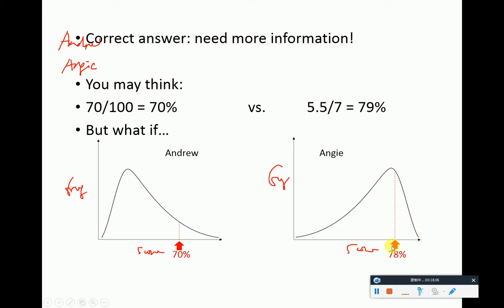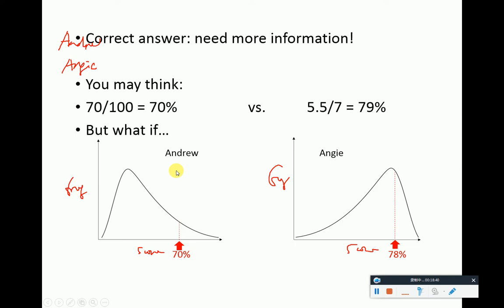Despite that Angie is at a higher percentage than Andrew, there are more people ahead of Angie than ahead of Andrew. In Andrew's case, only a small number of people are ahead of him. For Angie, more people are ahead of her. So if we consider their performance in their own class, Andrew is the better student. Comparatively, Angie is the worse student.